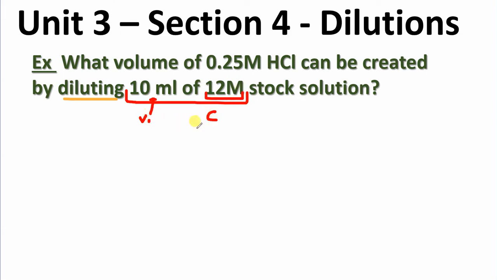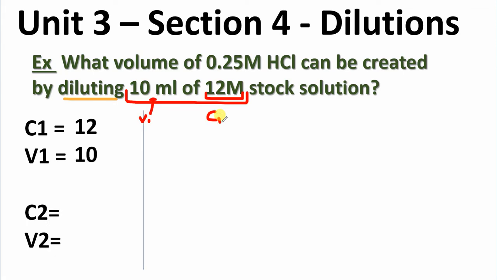Because they're together, we're going to call them 1 and 1. So you can write down your variables like this and fill in the 12 and the 10. The other number we've got here is a concentration, and that's our after, so our C2. And this question is asking us to find the volume, so we're finding V2.